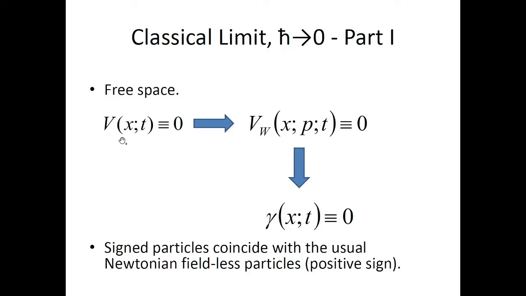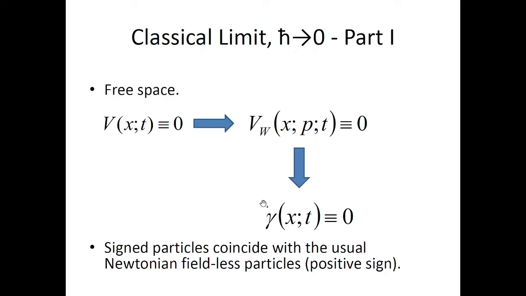In the situation of free space, the potential function is identically 0, which in turn means that the Wigner kernel, if you take postulate 2, you will see it's very easy to understand, becomes 0 as well, which in turn means that the function gamma is identically 0.